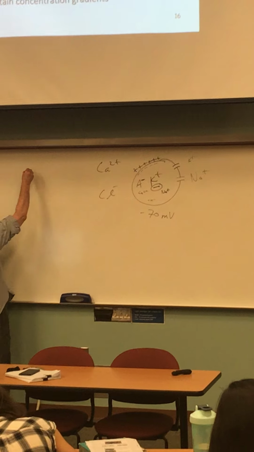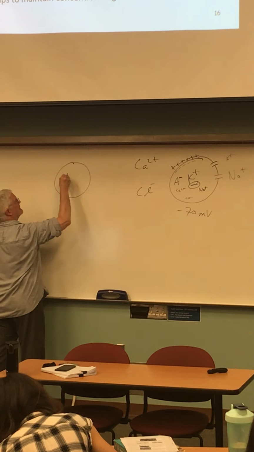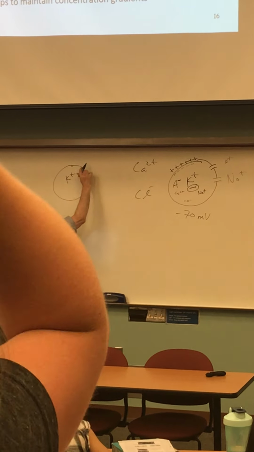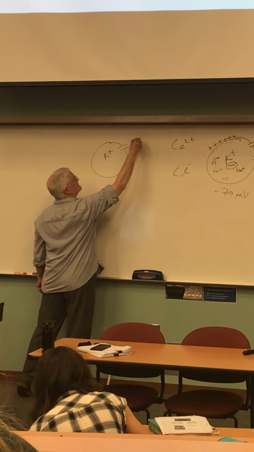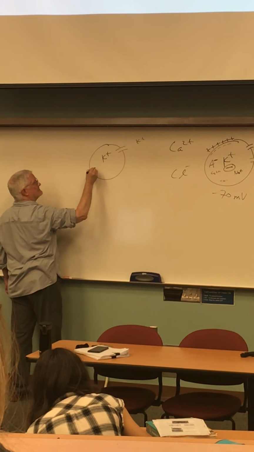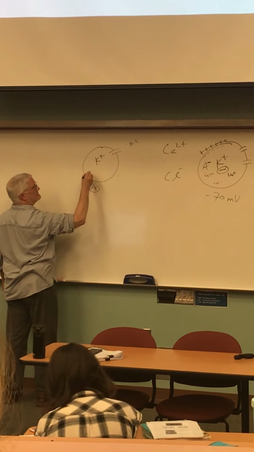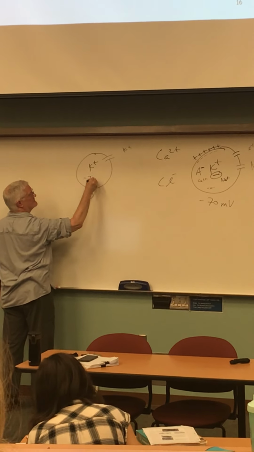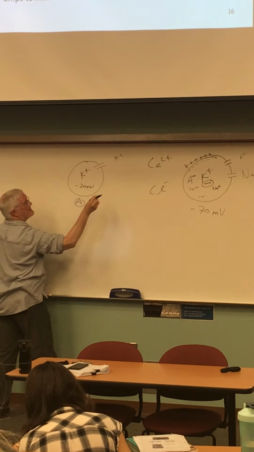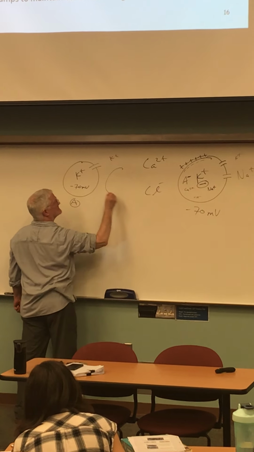And let's draw another one right here just for a moment. Let's say in cell A, it's negative 70.